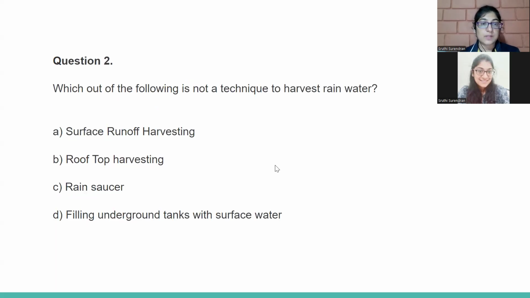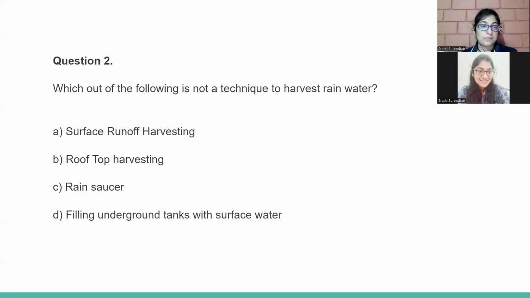Moving on, second question: which out of the following is not a technique to harvest rainwater?